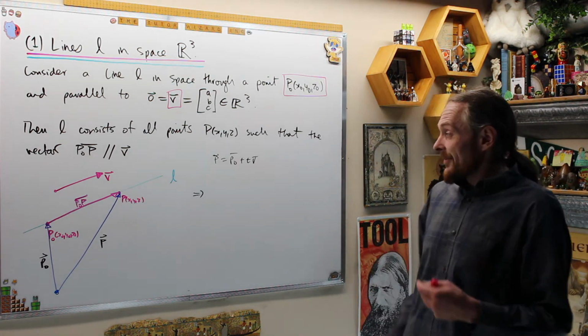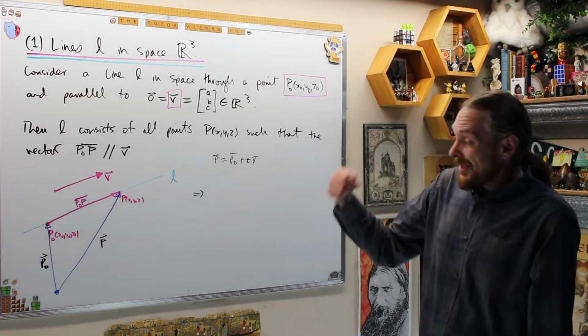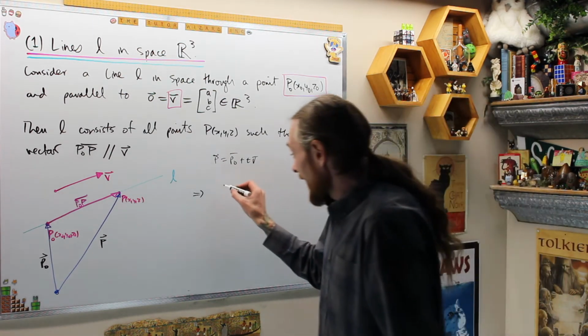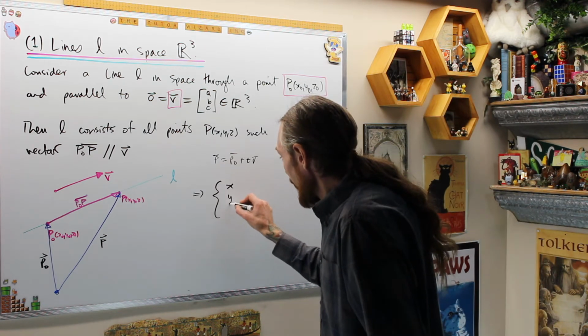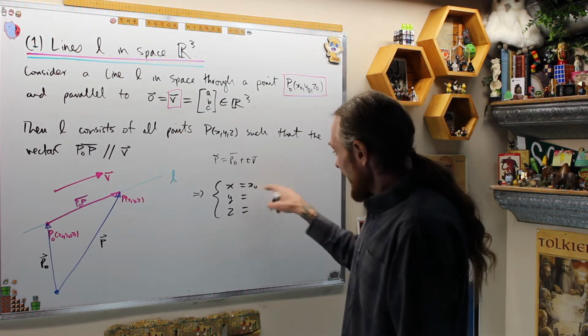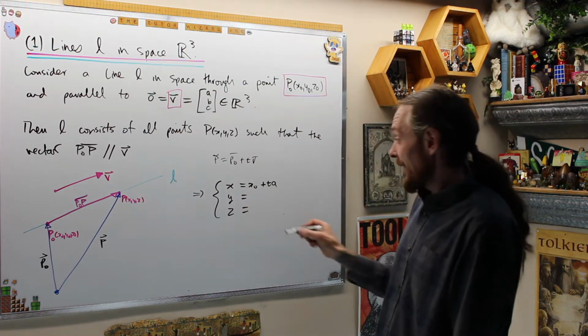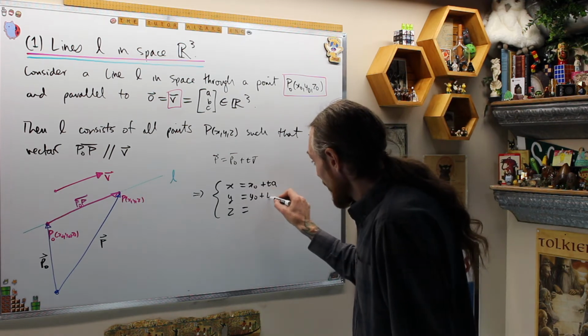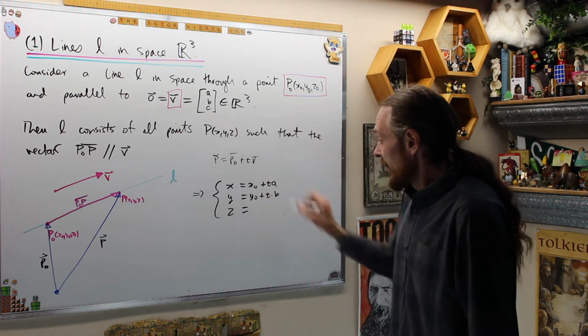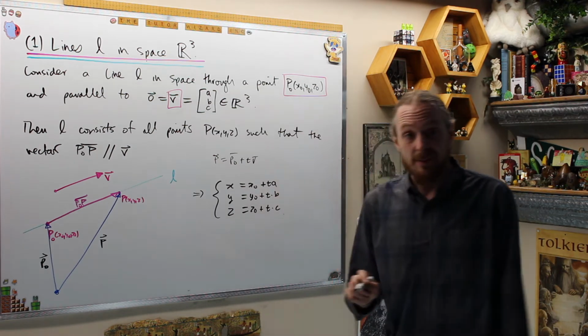Now, stripping that off, the parametric form of a line is going to be x equals x naught, some fixed number, plus a parameter t times a, then y equals y naught plus some parameter times b, and then z equals a fixed number plus some parameter times the other fixed number c.